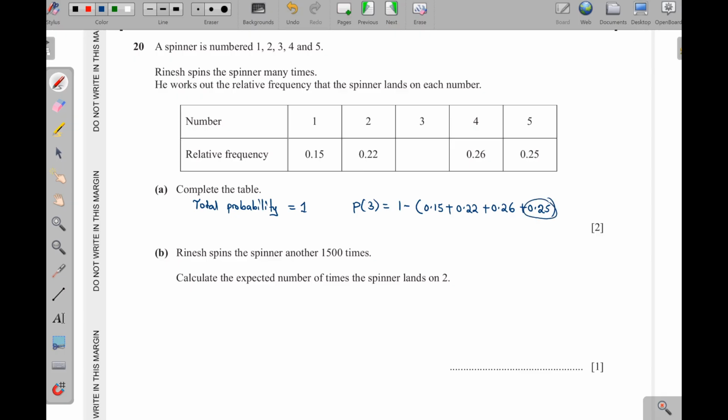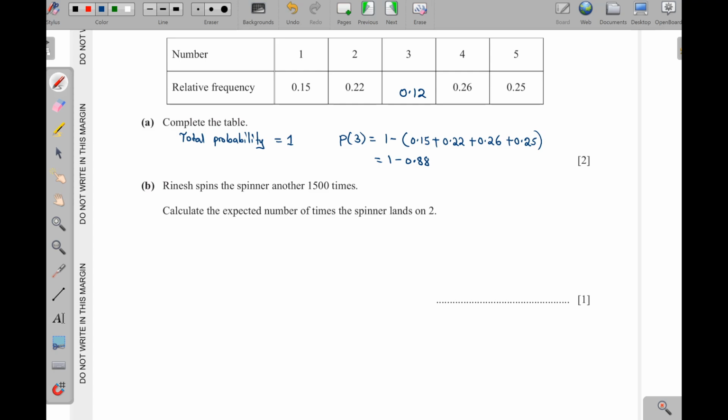So 25 plus 15, that will be a 40. Okay, so that is 0.40, then 0.62, then 0.88. So that is 1 minus 0.88, which gives us what? 100 minus 88, don't you get 12? So that will be 0.12.